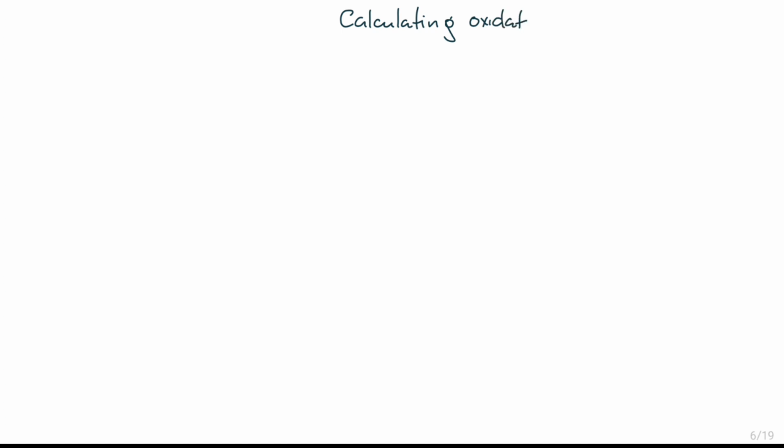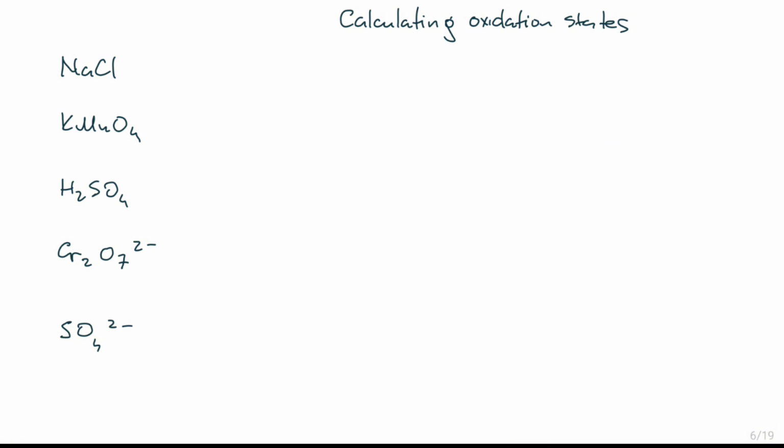So let's train and solve a couple of questions on calculating oxidation states. I will write the examples, you can pause and try to solve by yourself, and afterwards we'll solve together. Sodium chloride, let's draw it. Here you will have overall oxidation state 0.